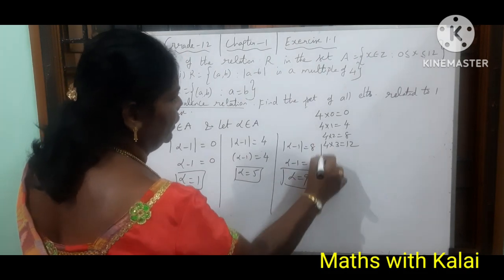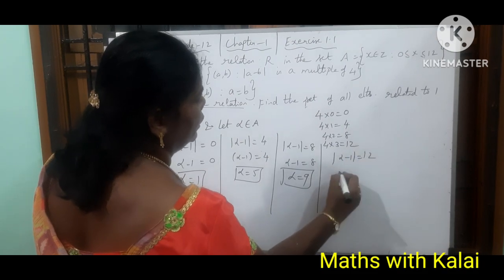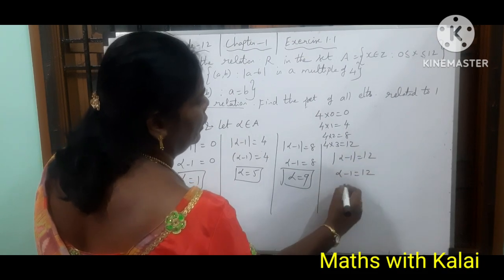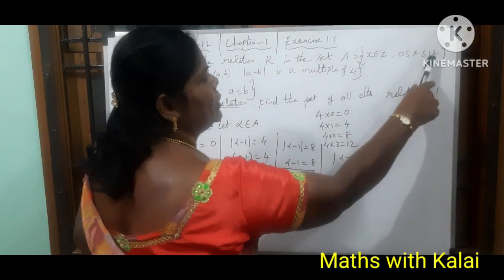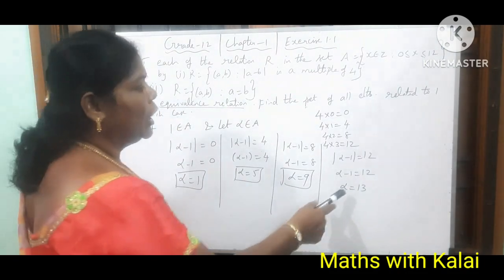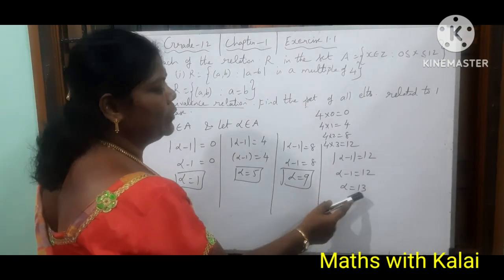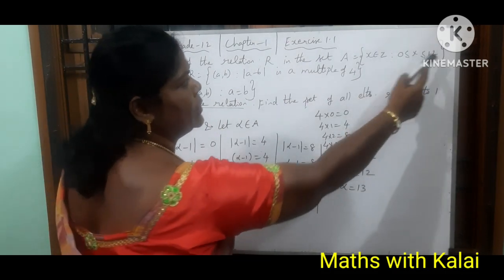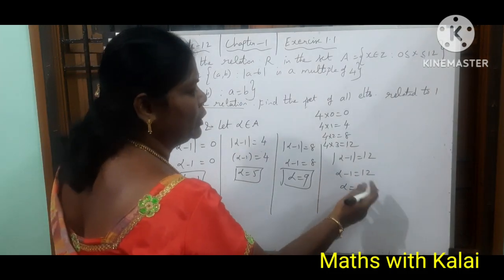Next, the multiple 12: alpha minus 1 equal to 12, so alpha will become 13. But our set A, how far should the elements go? Only up to 12. Alpha is an element of set A, and now alpha is 13, which exceeds the limit of the set A. So we cannot get such a number.